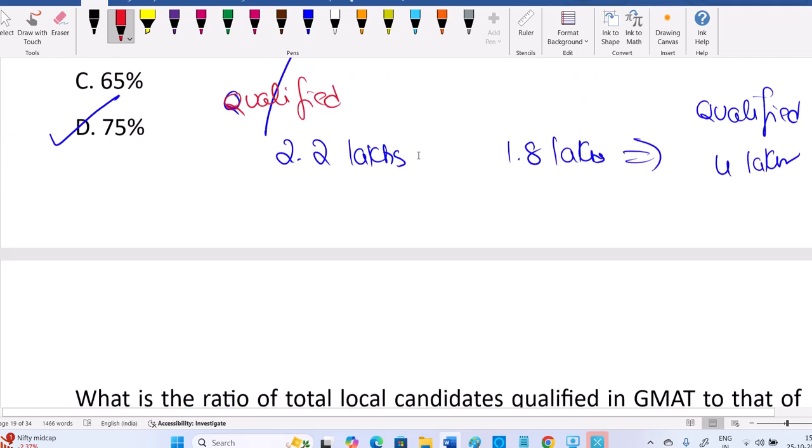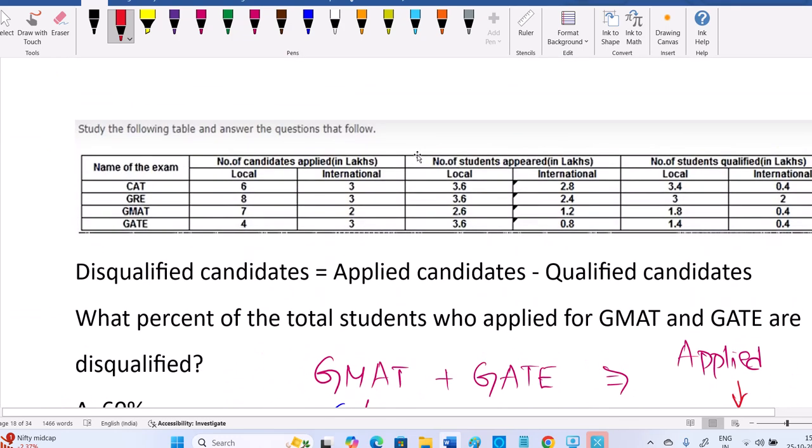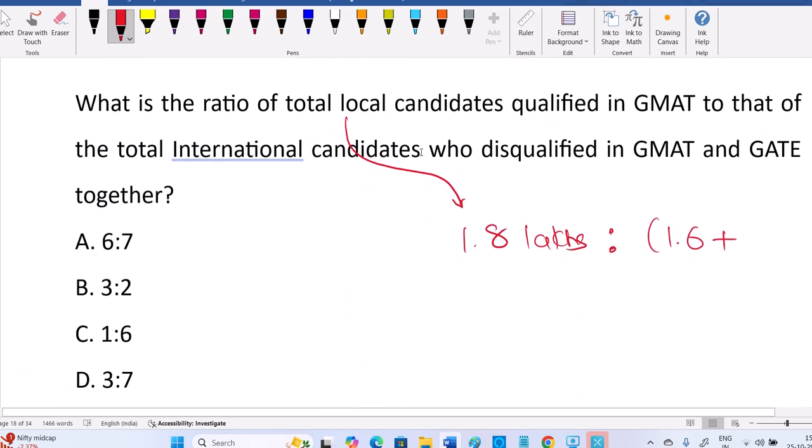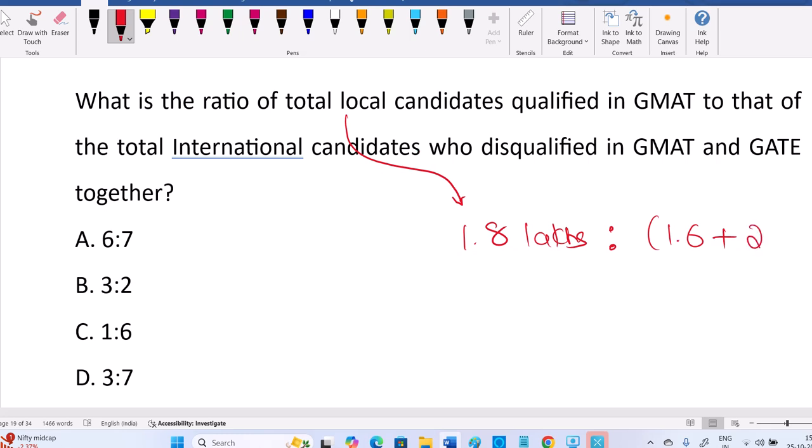GATE qualified is 0.4 but applied 3. Among 3 lakhs, only 0.4 lakhs international qualified, so 2.6 are not qualified. So 1.8 lakhs and 4.2, 6 three times, 6 seven times. Option D, 3 and 7.